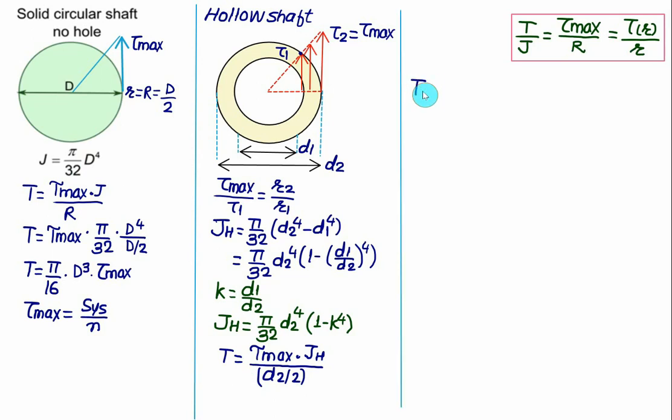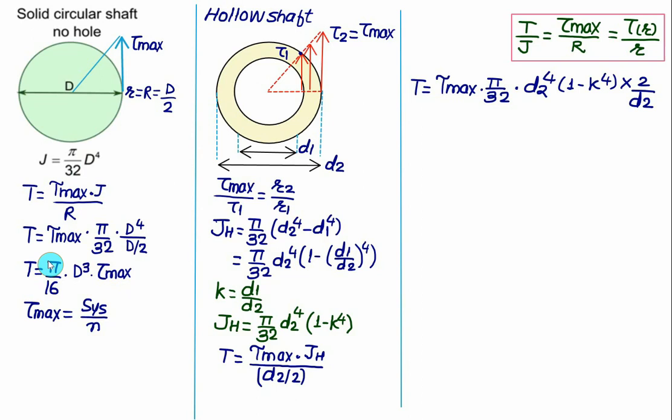So we have torque equal to the maximum value of the shear stress tau max, and polar moment of inertia equal to pi divided by 32 d2 to the power 4 into 1 minus k to the power 4, and again it is divided by d2. Since the radius is d2 by 2, we multiply by 2 and divide by d2. So one of the d2 gets cancelled, it becomes d2 cube, and with 32 and 2, 16 is left.